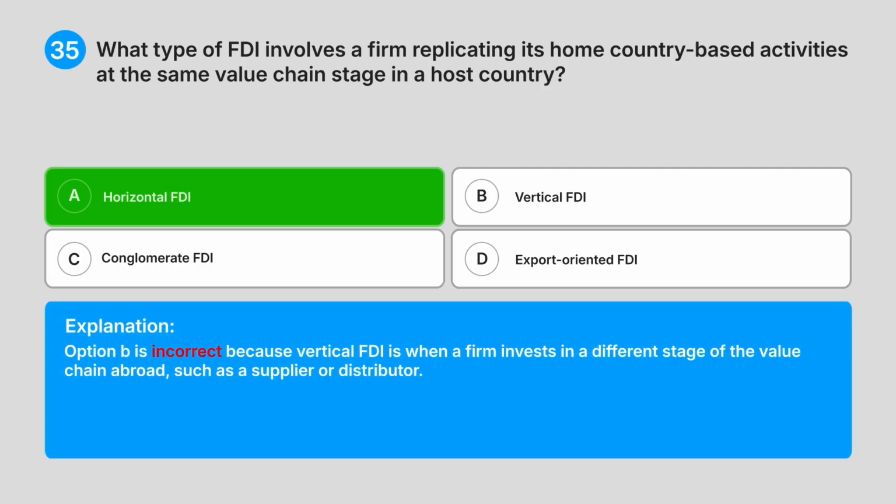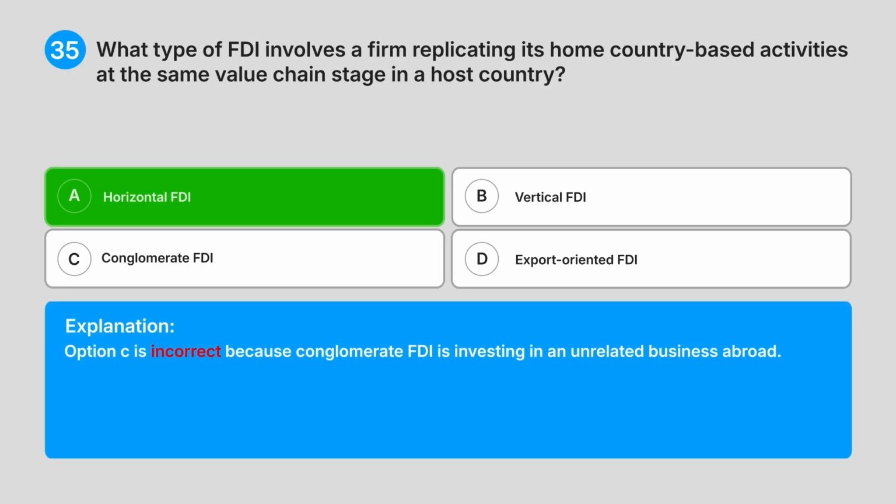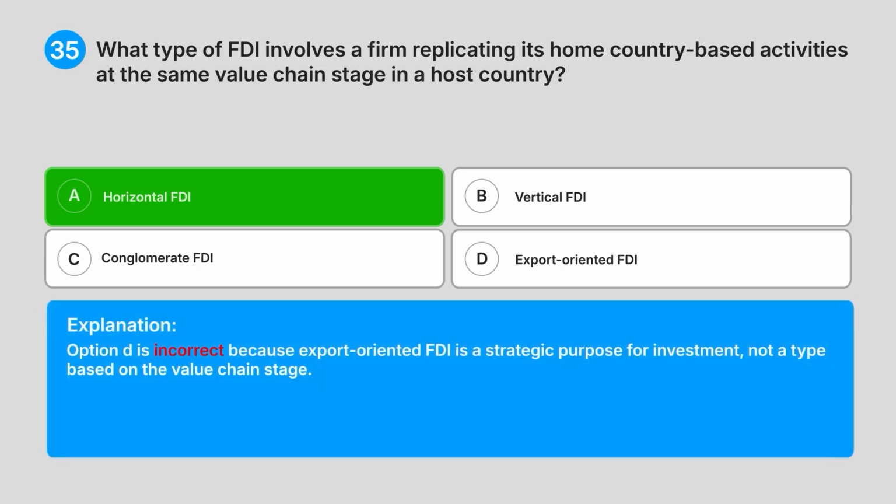Option B is incorrect because vertical FDI is when a firm invests in a different stage of the value chain abroad, such as a supplier or distributor. Option C is incorrect because conglomerate FDI is investing in an unrelated business abroad. Option D is incorrect because export-oriented FDI is a strategic purpose for investment, not a type based on the value chain stage.